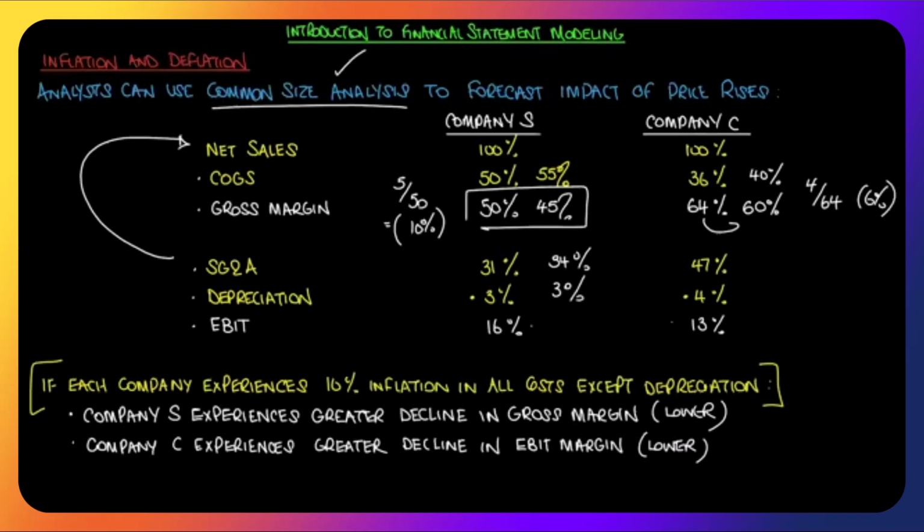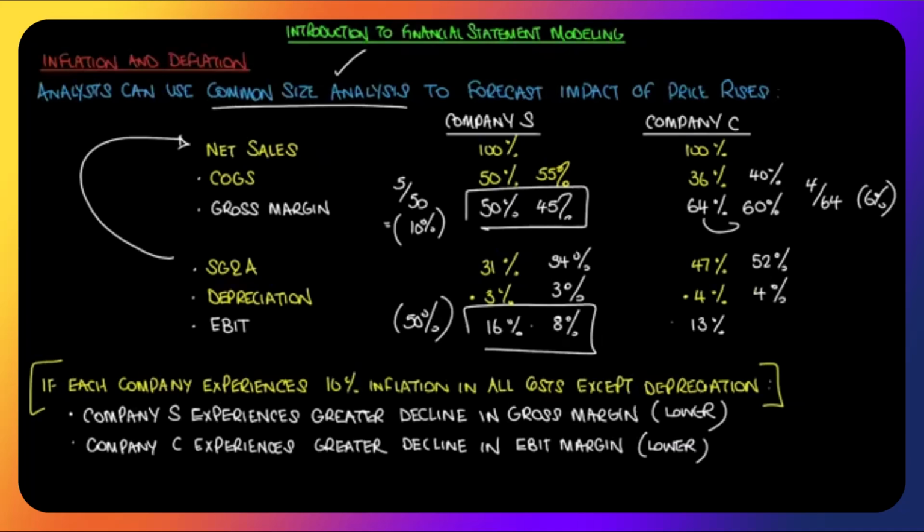Depreciation, remember, is staying where it is. 45 less 37. EBIT margin is down to 8. It's dropped by 8. It was 16. That's a pretty easy calculation. It's dropped by 50%.